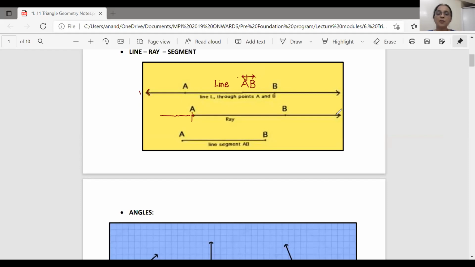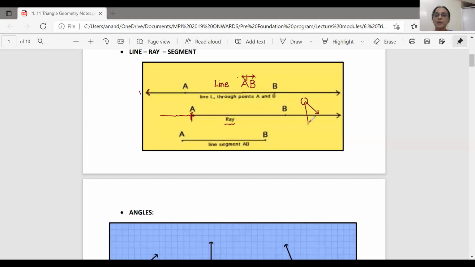So that portion of the line which has one definite end point and extends infinitely is called a ray. We use this word for sun rays or the rays coming from the bulb of light. So where we have a fixed end and from that something is emerging.